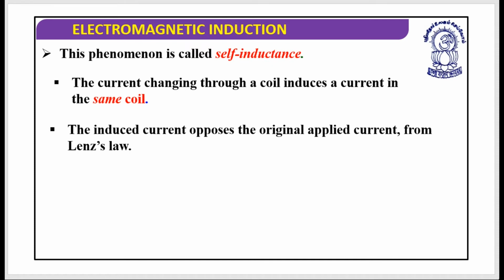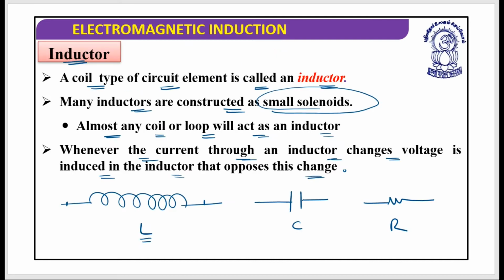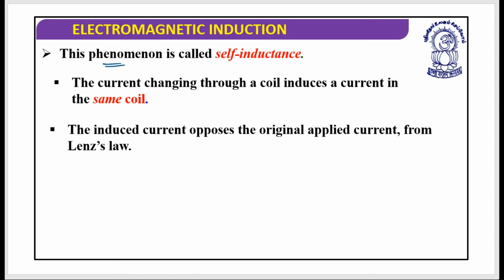Now the situation is that, suppose the current passing through an inductor changes, then voltage would be induced that opposes this change. This phenomenon is known as self inductance. If the current changing through a coil induces a current in the same coil, the induced current opposes the original applied current according to Lenz's law.